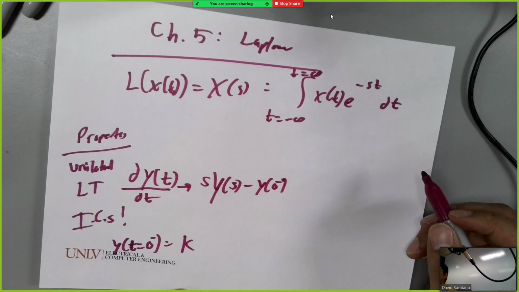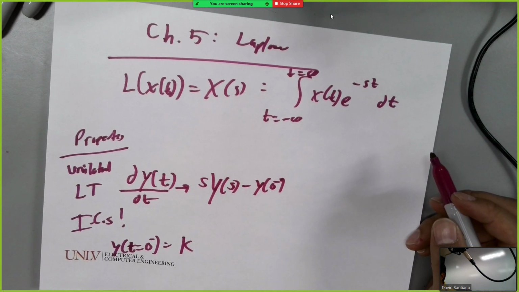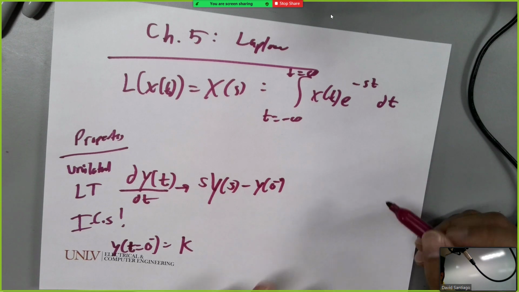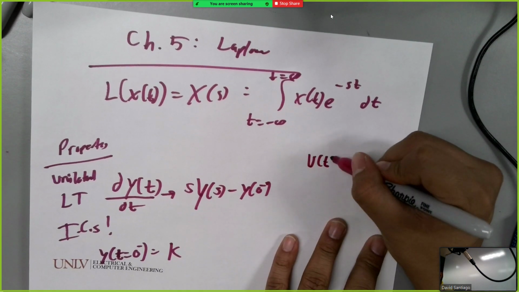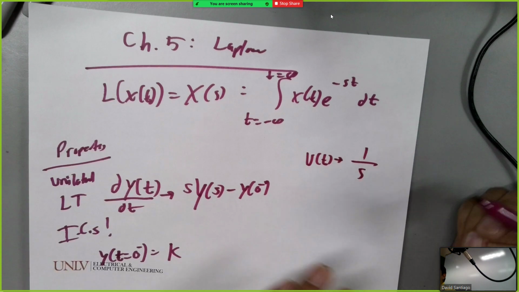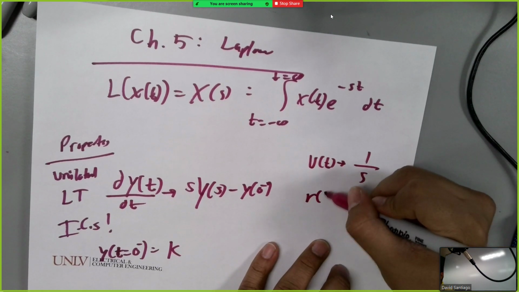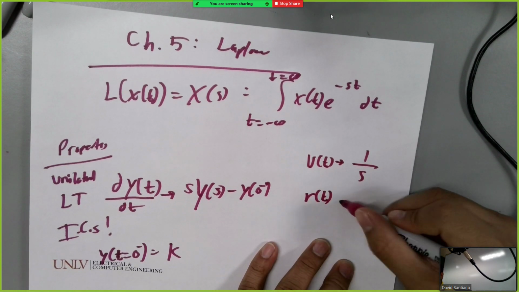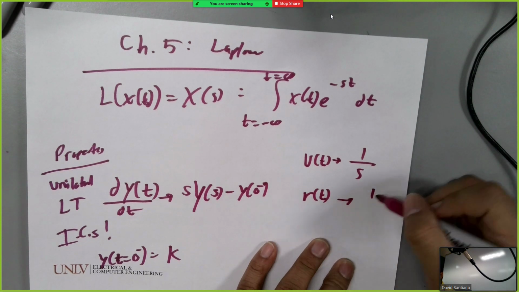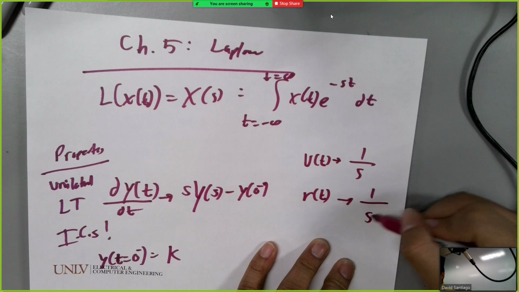Easy? And he could throw, well, obviously remember the unit step? 1 over s. What's a ramp? It's 1 over s squared or something like that.